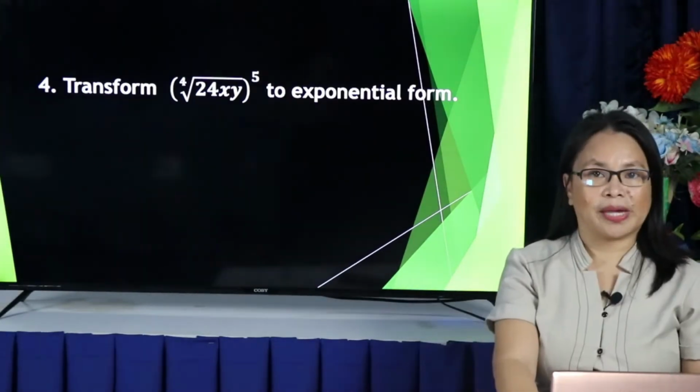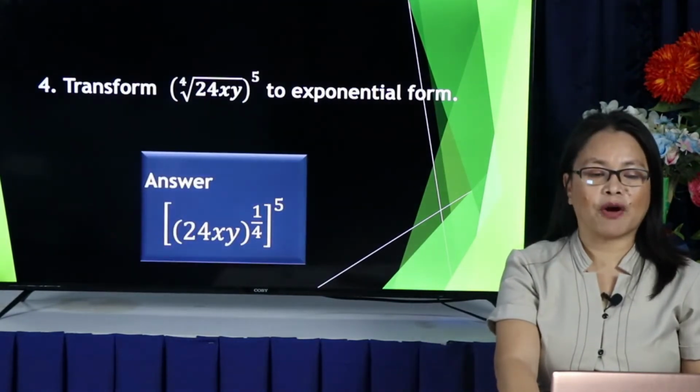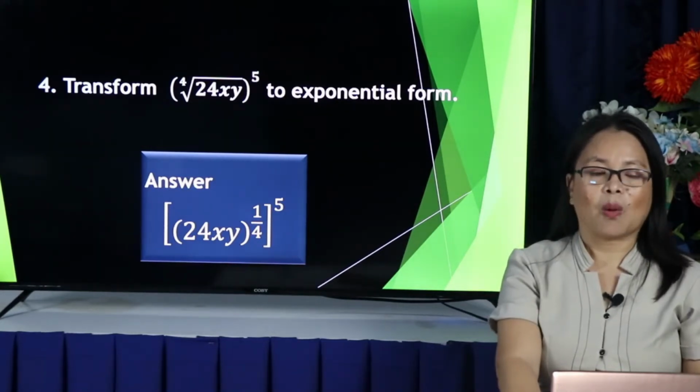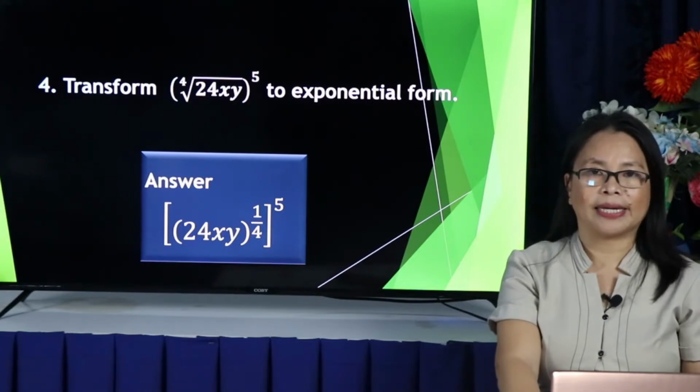The correct answer is quantity 24xy raised to the power of 1/4 and raised to the power of 5.